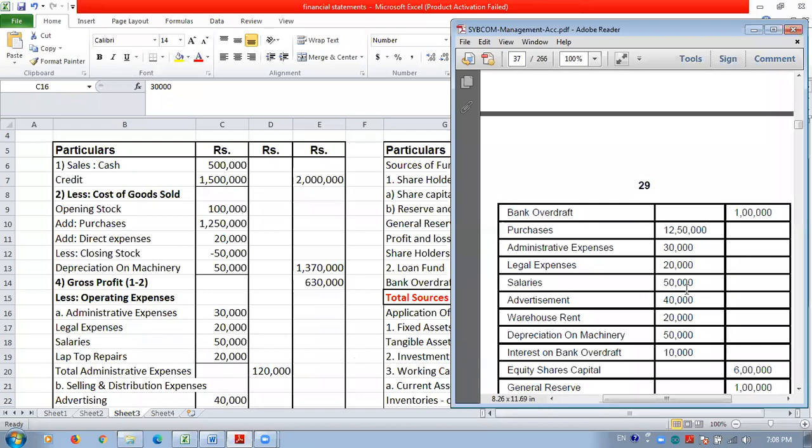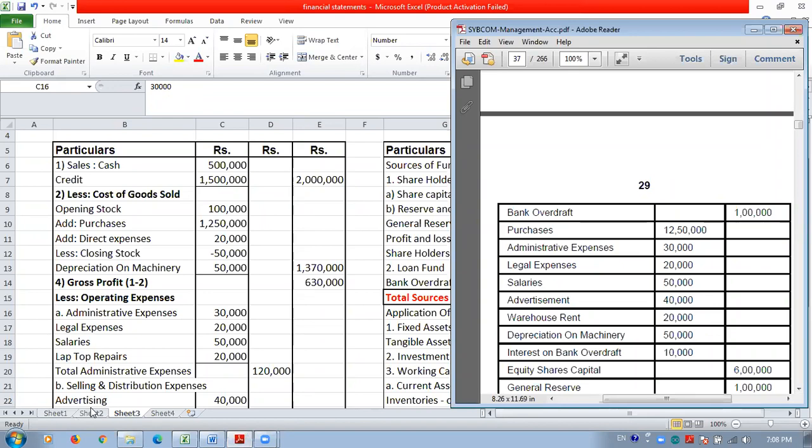Then the salary 50,000. This is also office administration expenditure. That's why it appears here under the administrative expenses head. Then we have advertisement expenses 40,000. But in this case it is selling and distribution.